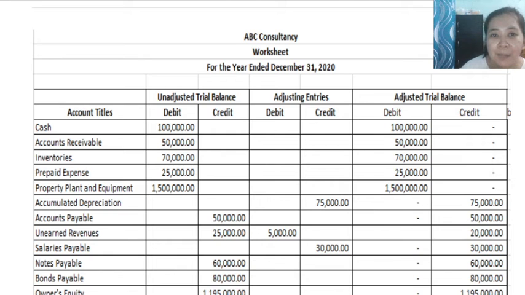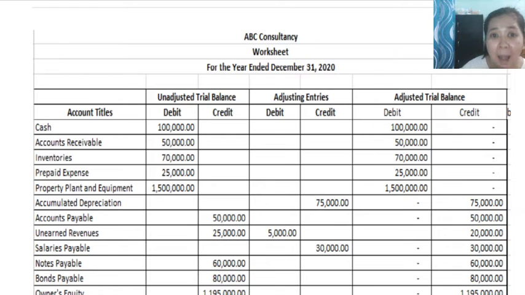And for example, if the account has a credit balance in the unadjusted and the adjusting entry also has a credit, then we will add. If again the account has a credit balance in the unadjusted and a debit in the adjusting entries, we will deduct this amount to get our adjusted trial balance.